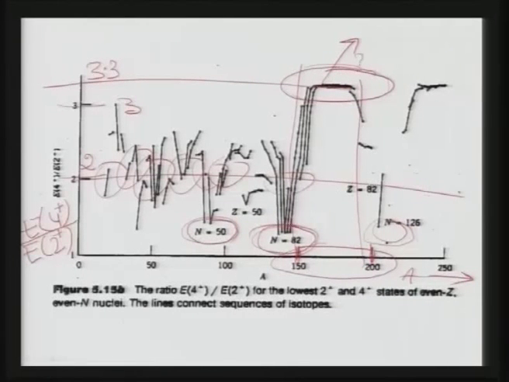So, this 150 to 200 range is something special. Then beyond 220, this also joins the group, here also the ratio is around 3.3, but up to 150 here, it is around 2. All right. So, keep this in mind.